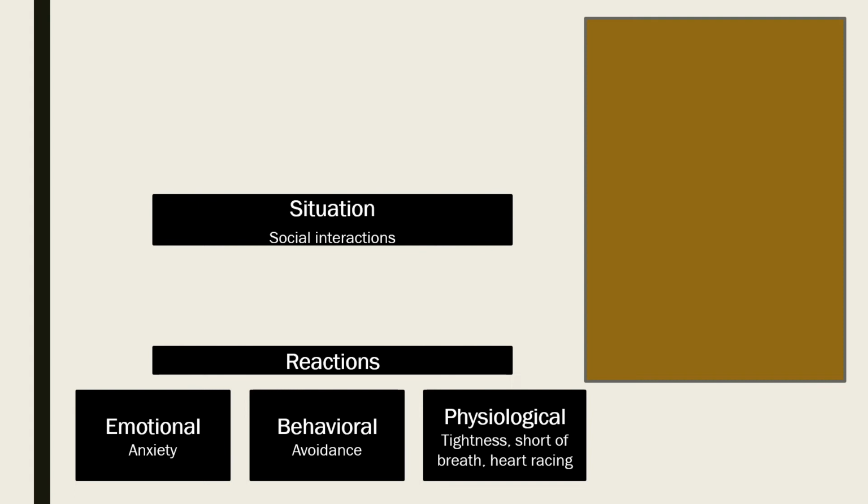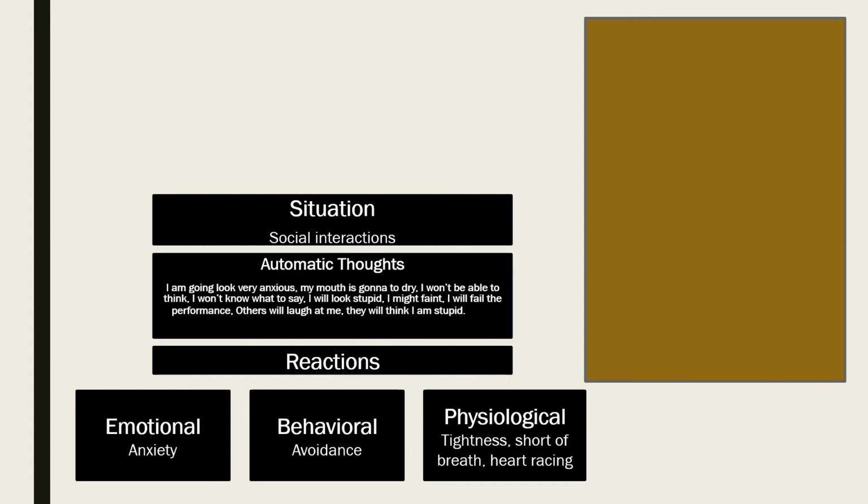And when they are exposed to social situations, a lot of times they have very negative automatic thoughts, such as I'm going to look very anxious, my mouth is going to go dry, I won't be able to think, I won't know what to say, I'll look stupid, I might faint, I'll fail the performance, others will laugh at me, they'll think I'm stupid.